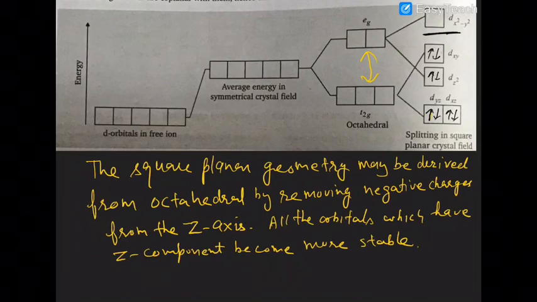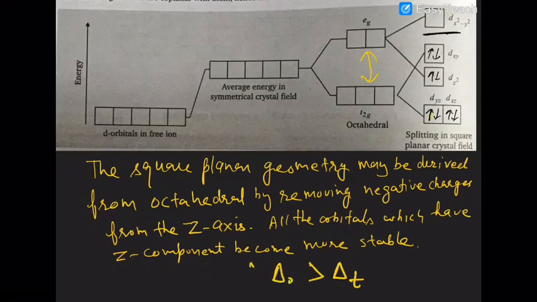So we can conclude that tetrahedral complexes have less than octahedral complexes, and octahedral is less than square planar complexes. Okay, sure.